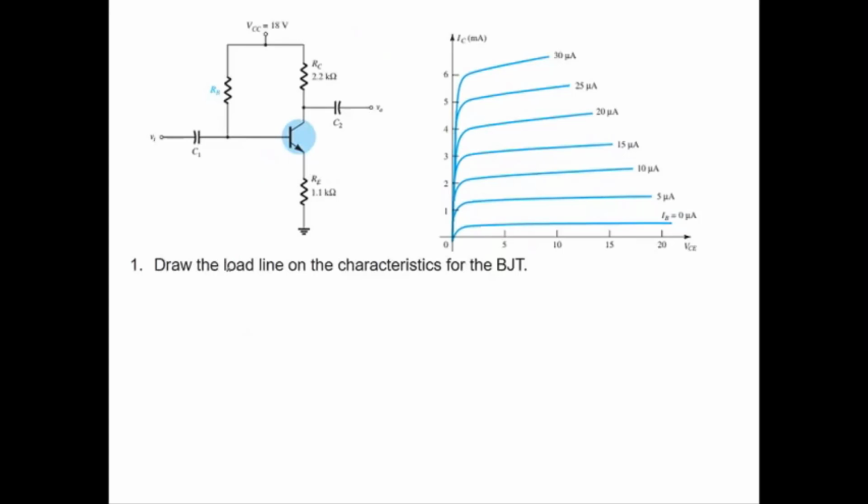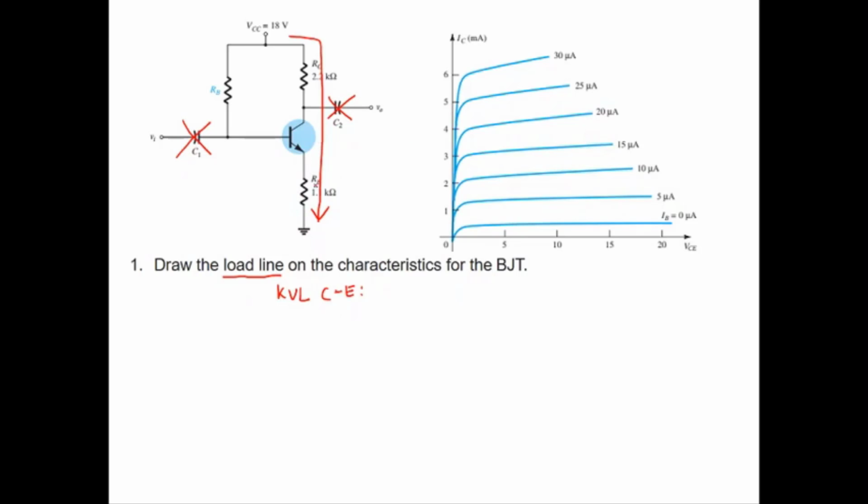The load line is from the KVL of the collector-emitter, which is in this direction. Before we do that, we need to remember that we can remove C1 and C2 because this is a DC analysis.